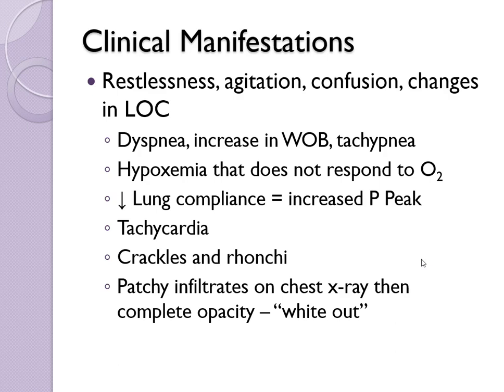They'll be tachypneic because they don't have enough oxygen out in their cells, so they will increase their respiratory rate to try to breathe more. They have that hypoxemia that does not respond to oxygen. We're going to lose lung compliance. They're going to have an increase in peak pressure, or P peak, and I'm going to talk about that when I do an entire presentation on mechanical ventilation.